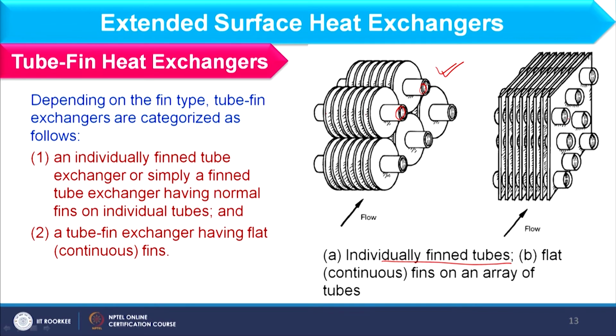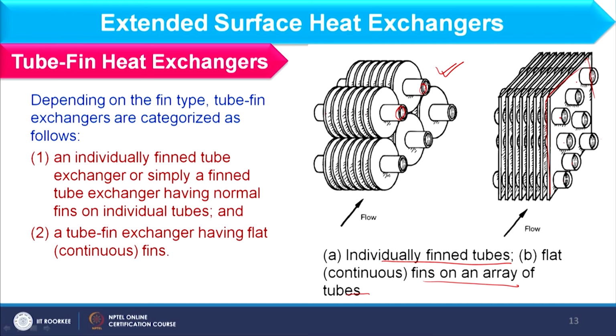And secondly, we have a number of tubes and we have an array of fins. Okay, this is basically an array of fins, and this we call flat fins on an array of tubes. Okay, so in this way the tubes are arranged in a definite pattern.